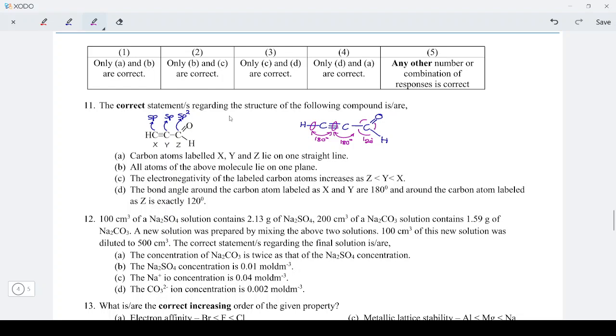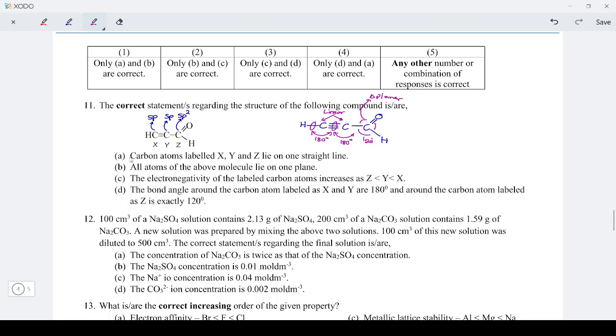So this X carbon has a linear geometry, your Y carbon is also linear in geometry and shape, and this one is trigonal planar. So all these atoms are in the same plane, including hydrogen and oxygen.